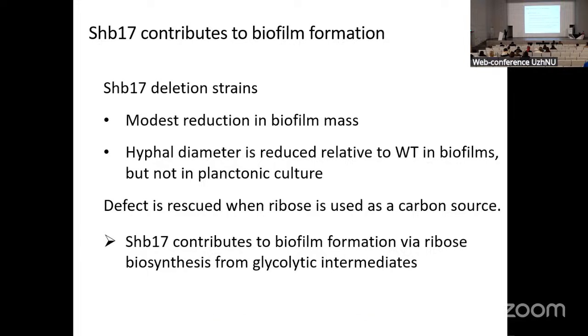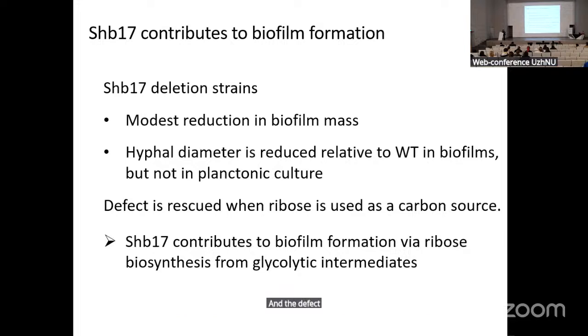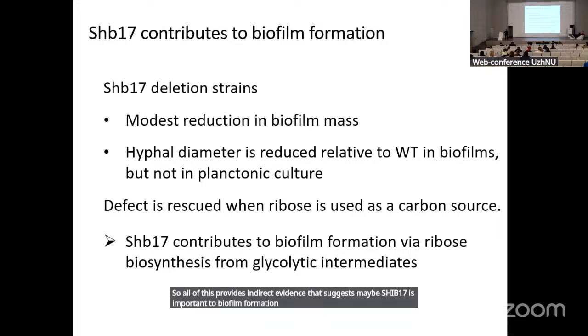Right. We see a modest reduction in biofilm mass. The hyphal diameter is reduced relative to wild type in biofilms, but not when grown in liquid culture. And the defect is rescued if you provide ribose as a carbon source. So all of this provides indirect evidence that suggests maybe SHIB17 is important to biofilm formation and invasive growth in yeast.